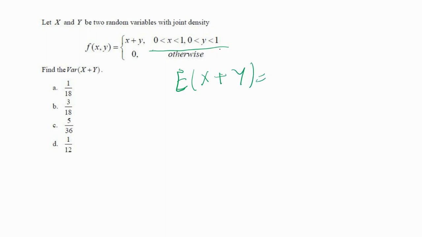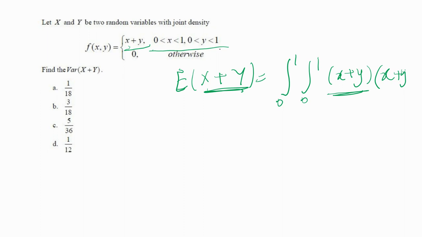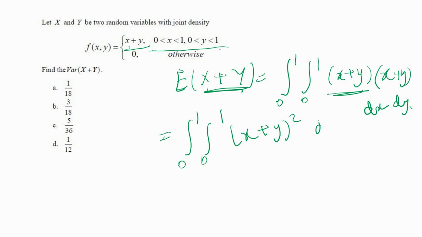So that will be the integral from 0 to 1, 0 to 1, of x plus y times f(x,y), and this is also x plus y, so you will have the integral of x plus y whole square dx dy.